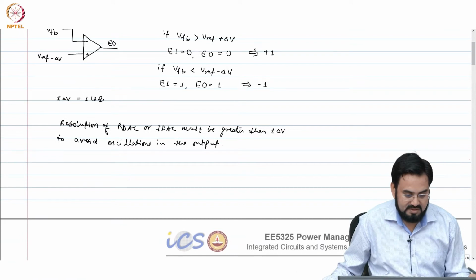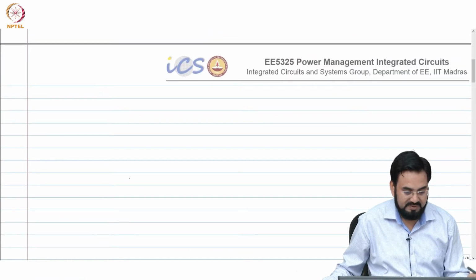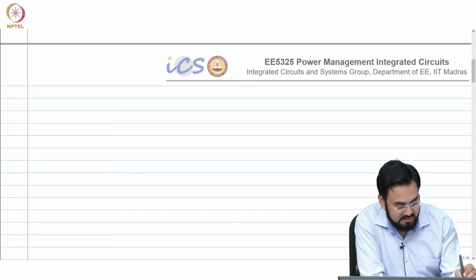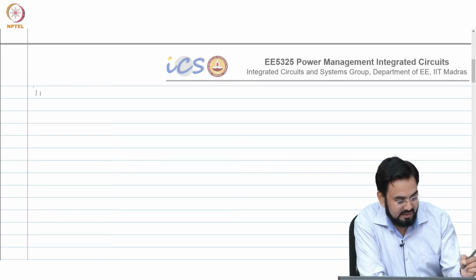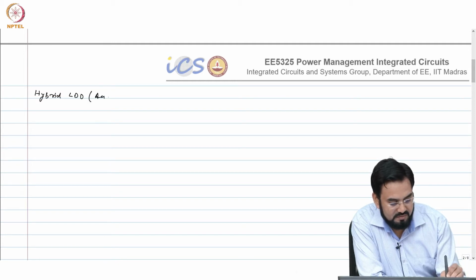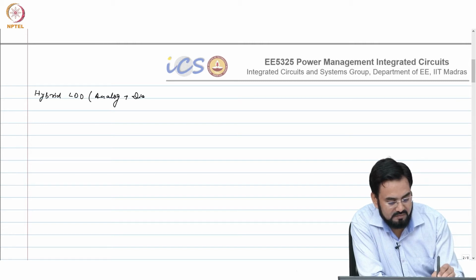So, we looked at digital LDO and we briefly talked about hybrid LDO. So, I will just show you the circuit diagram for that. Which means analog plus digital.